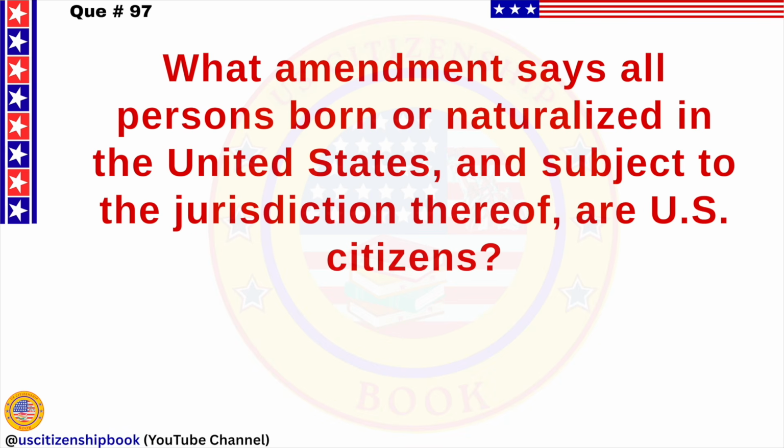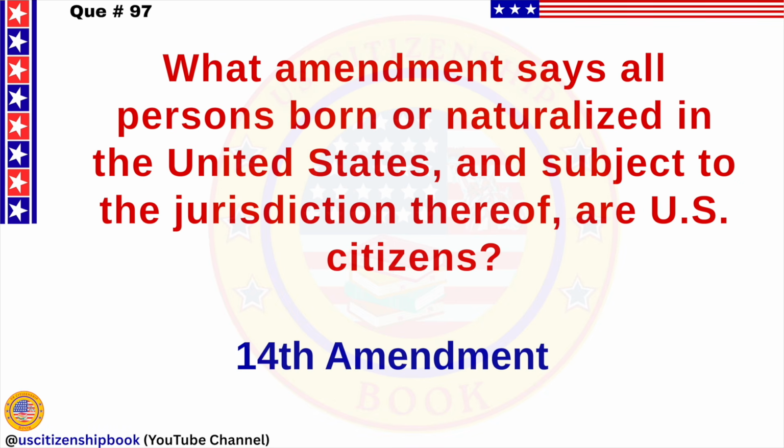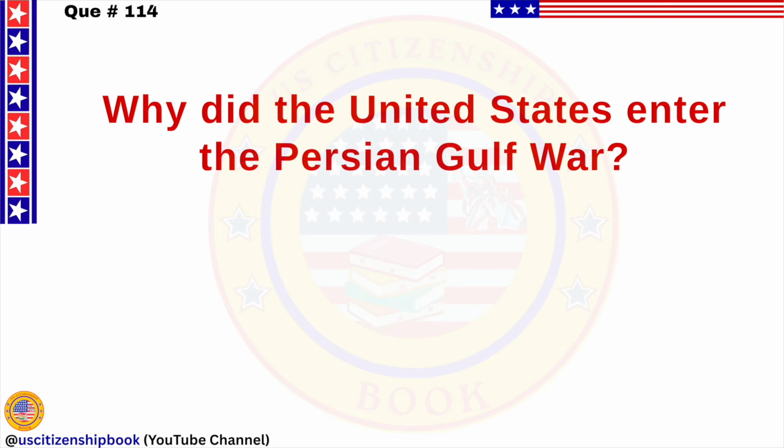What amendment says, all persons born or naturalized in the United States, and subject to the jurisdiction thereof, are U.S. citizens? Fourteenth Amendment. Why did the United States enter the Persian Gulf War?